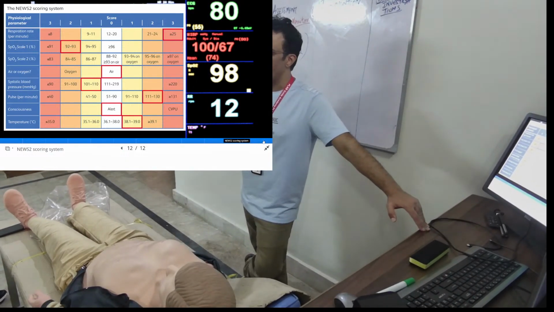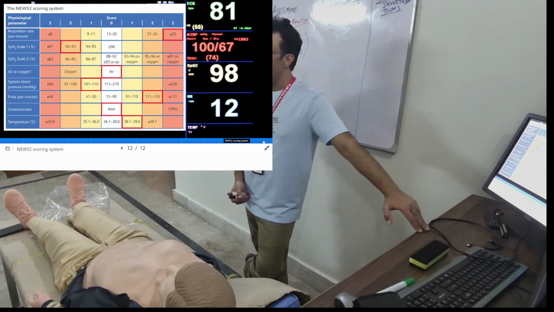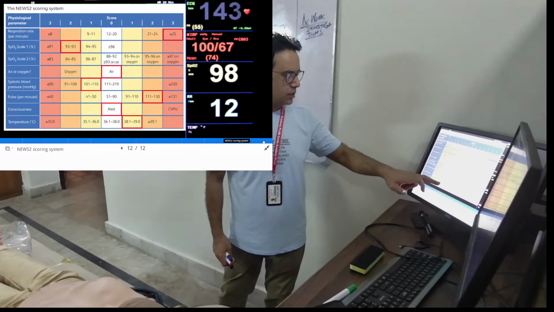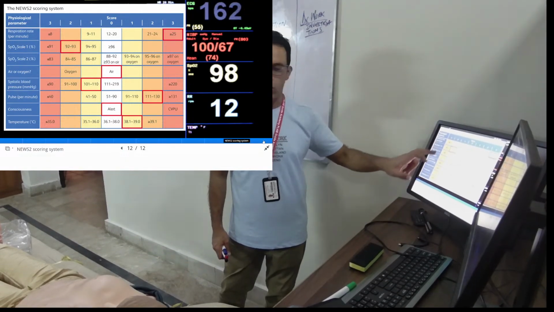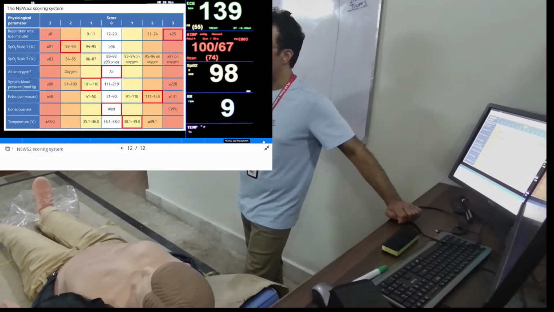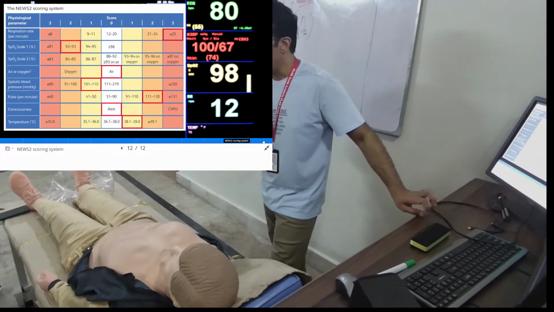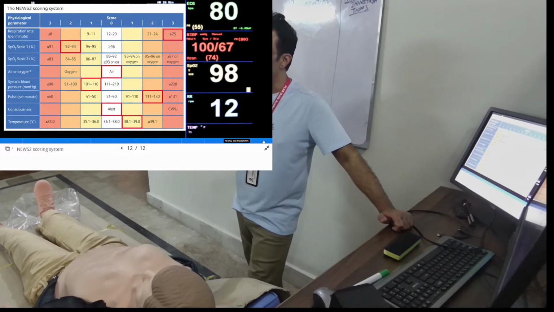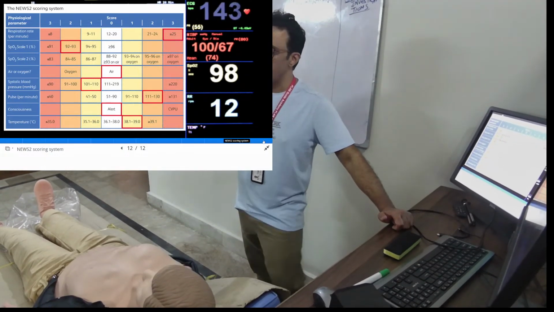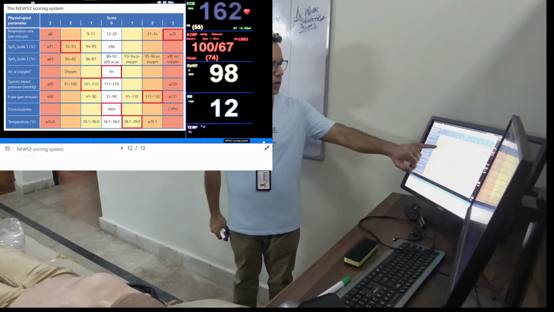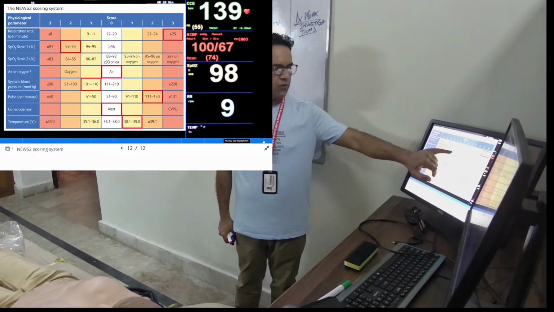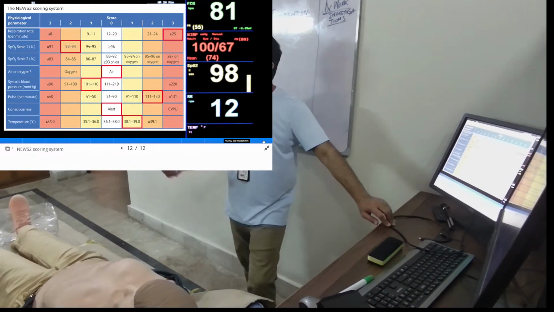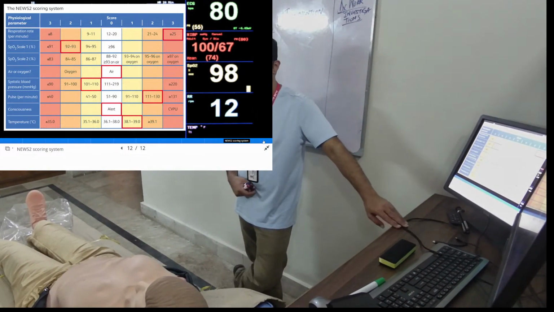And a NEWS score of 3 is a trigger for escalation. The nurse will check the NEWS score of the patient at triage. If someone has a NEWS score of 3, they come straight to the doctors. If the patient's NEWS score is only 1, for example just the oxygen saturation which is 94 or 95, the nurse will say, okay, the patient is stable, you can wait here, I'll call you once your turn comes.